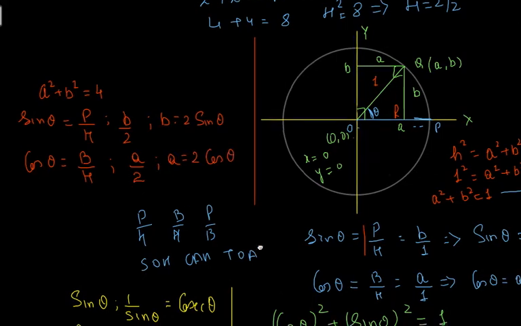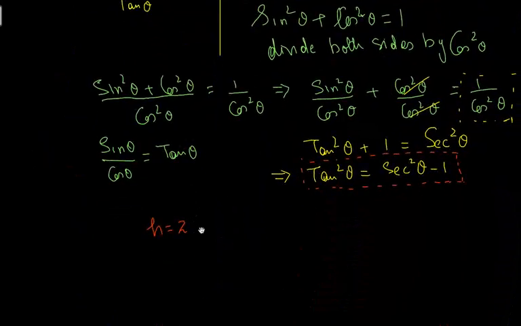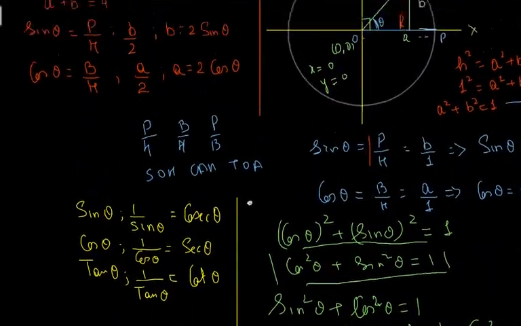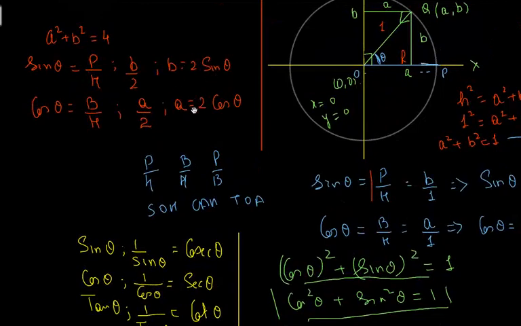Now coming back to the equation which we wrote here. The hypotenuse is 2, B is twice sine theta and A is twice cos theta. From where do we get this? We get it from here.